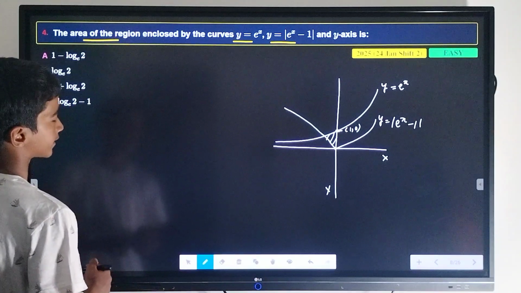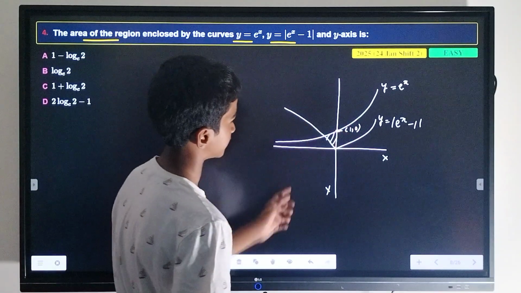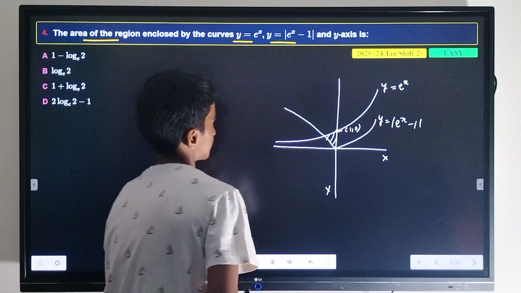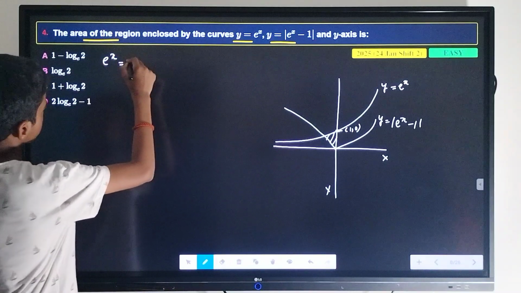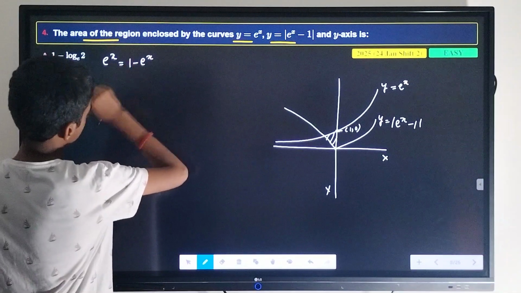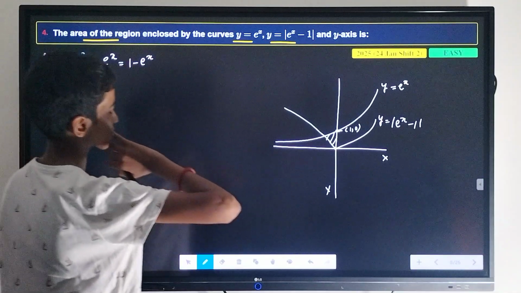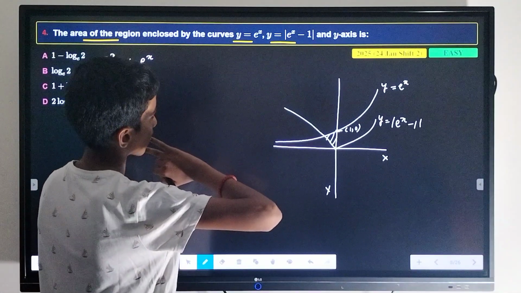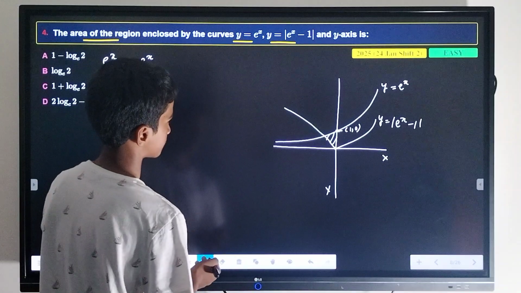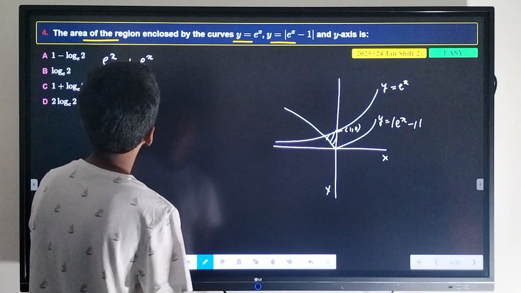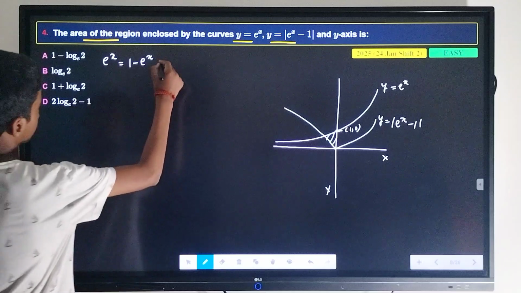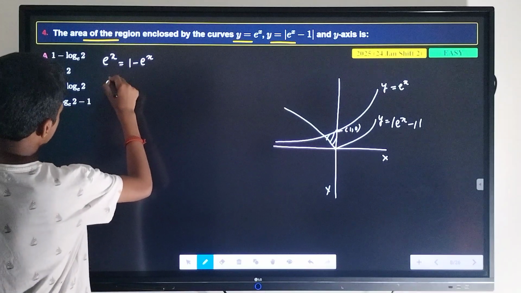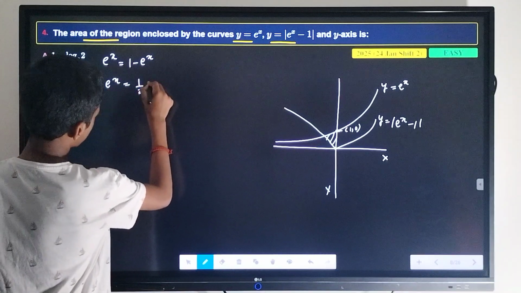So our required area, first let's find the intersection point. e raised to power x is equal to 1 minus e raised to power x, and from here we will get e^x is equal to 1 upon 2.